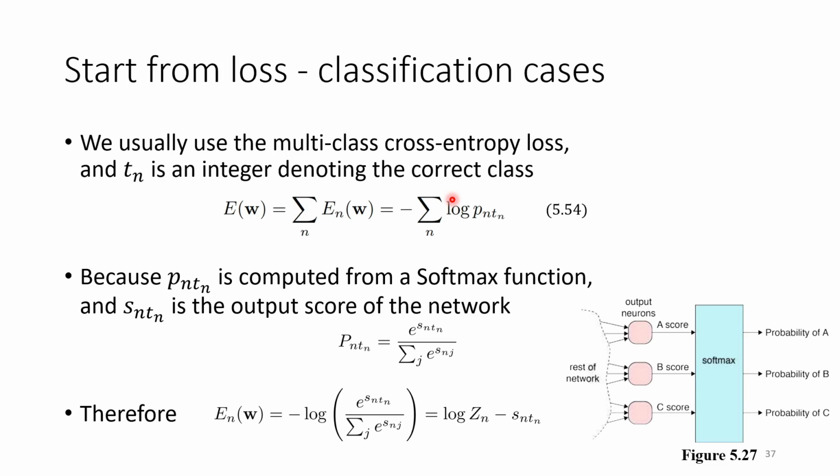If the probability is close to 0, then the negative log becomes greater. So it can be used to measure loss. What is loss? Loss means we want to reduce it as much as possible. So for the correct class, the probability should be close to 1, and this loss will become smaller.